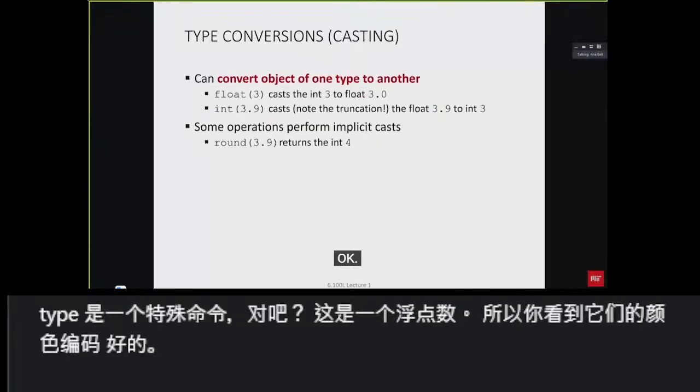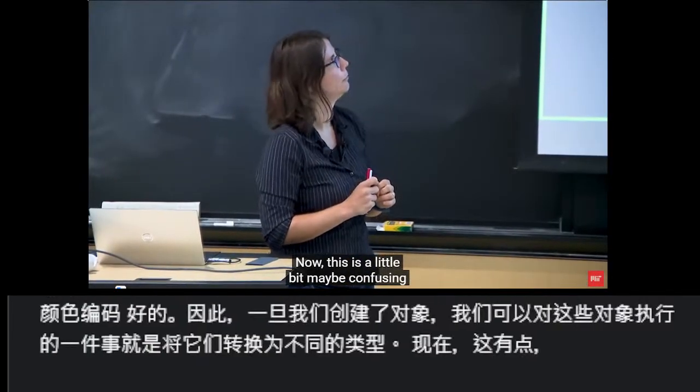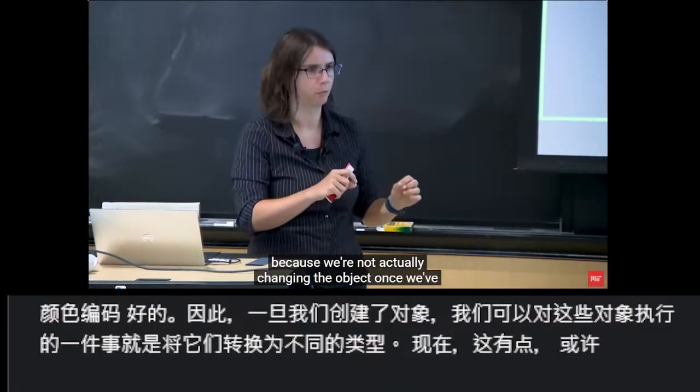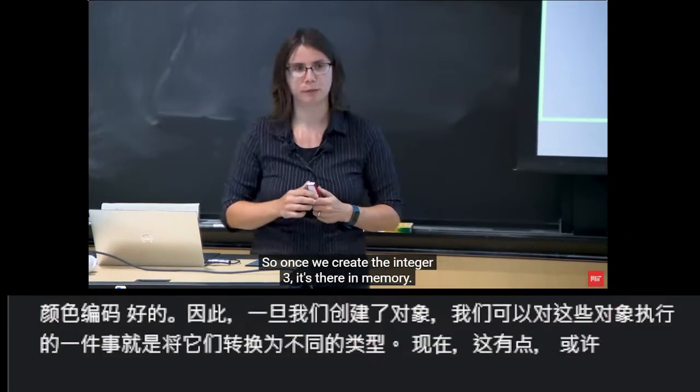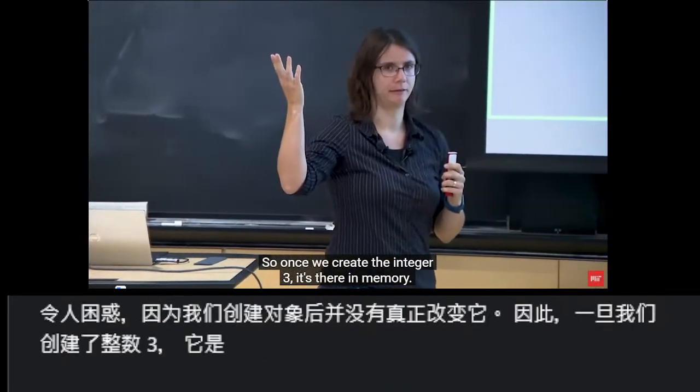Okay. So once we create objects, one thing we can do with these objects is to cast them to a different type. Now this is a little bit maybe confusing because we're not actually changing the object once we've created it. So once we create the integer 3, it's there in memory.